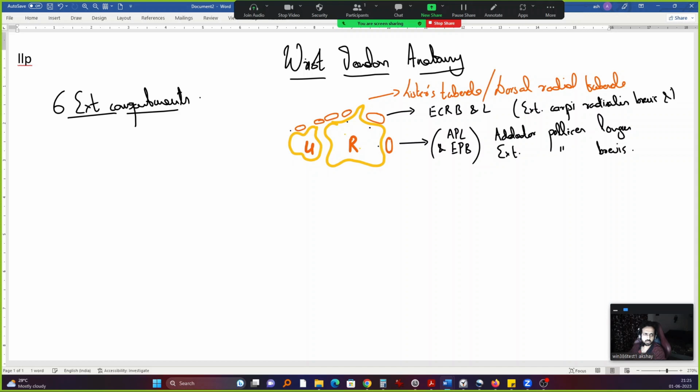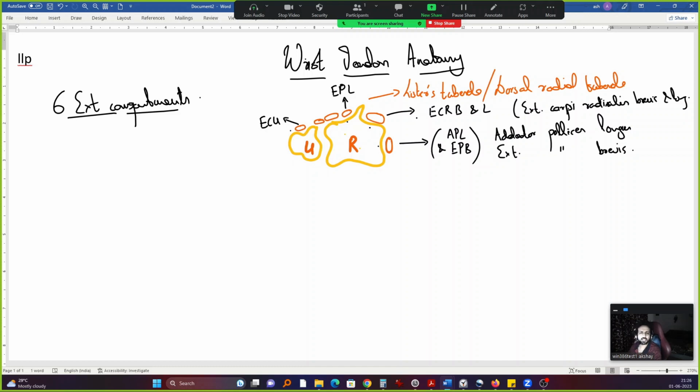The next one is the third extensor compartment, which is the EPL, extensor pollicis longus. And the last one is the ECU, extensor carpi ulnaris, the 6th one. So these are the important ones that you need to remember.